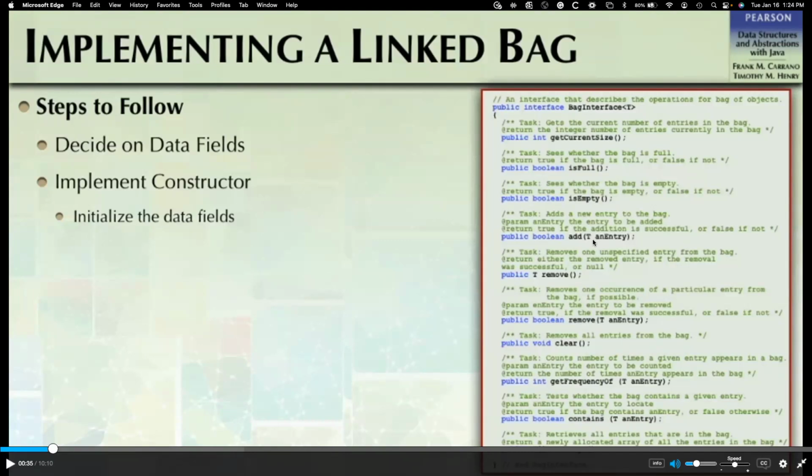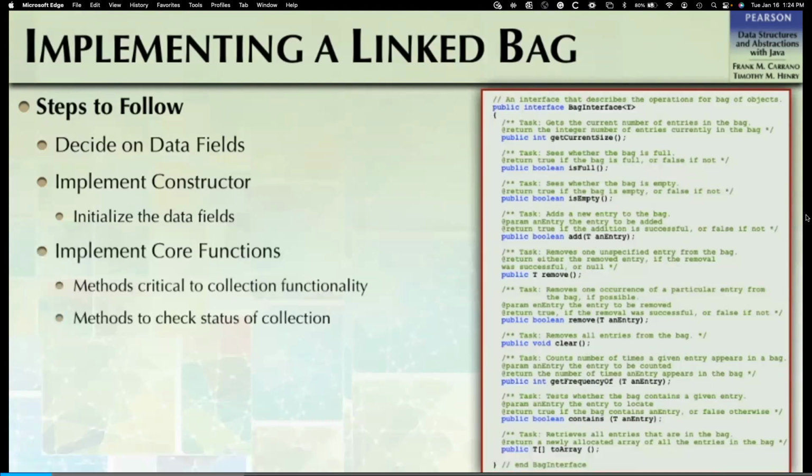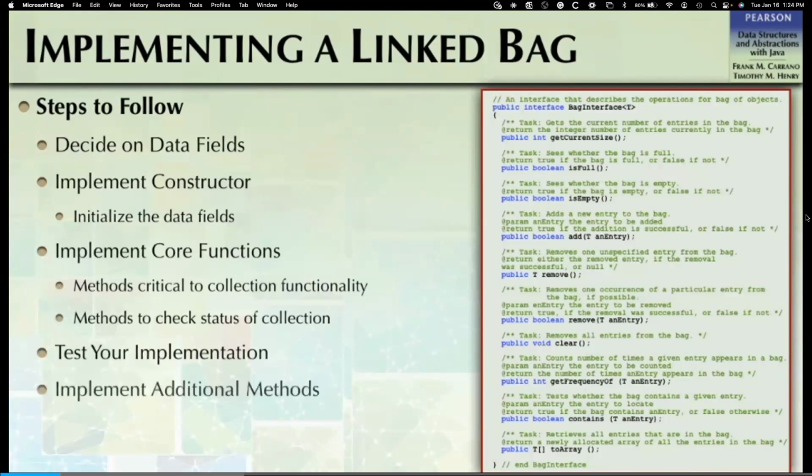There's actually more capability within the simple bag in terms of what's made available to the user than we'll have in our next two abstract data types. Next is implementing our core functions such as the add and toArray methods. At this point, the implementation of the linked bag could be tested, and then we can implement additional methods.